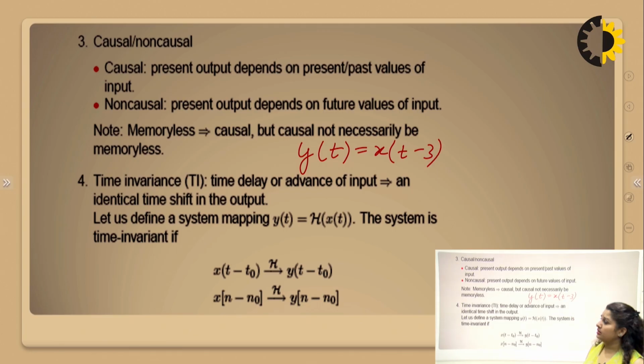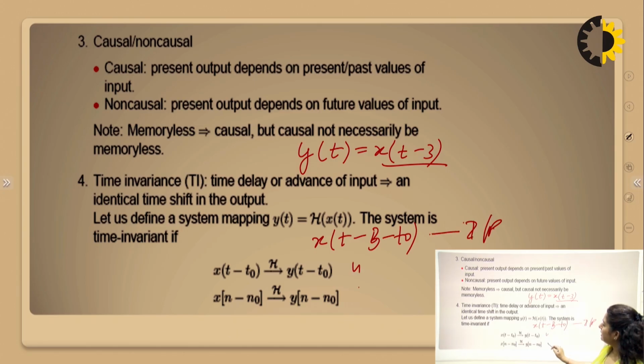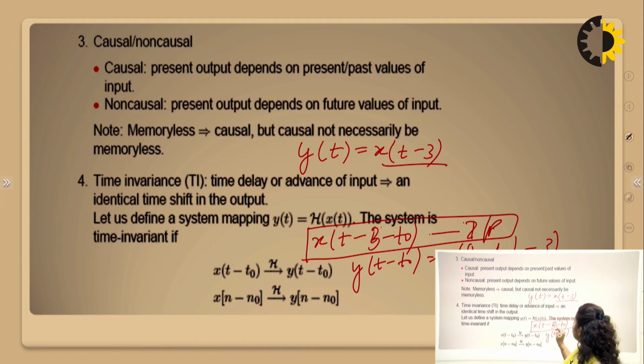If we delay the input, that is x(t minus 3 minus t0), this is called the input delay, and if we delay the output, y(t minus t0), then it is x(t minus t0 minus 3). Both are different expressions, but the values are the same, because x(t minus 3 minus t0) is the input side delay and y(t minus t0) is the output side delay, which is similar to x(t minus t0 minus 3). If both are the same, then it is called time invariant.